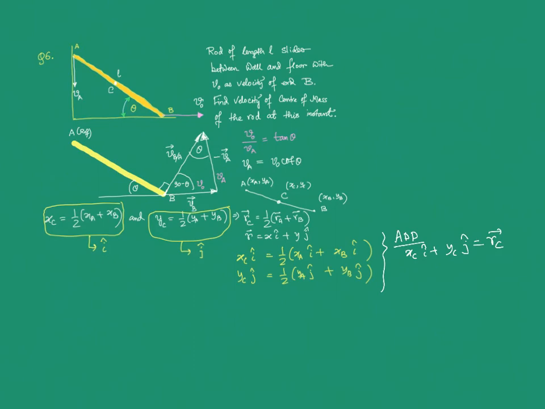Same way, you get rc is equal to half of ra plus rb. This is the midpoint formula with respect to position vector.